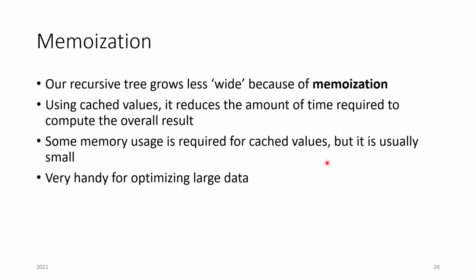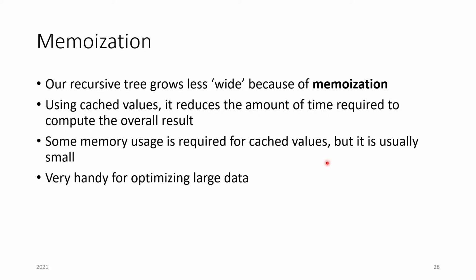So, in observing the recursive tree that we just saw here, memorization visually makes sure that our recursive tree goes less wide. This is because of using the cache values to reduce the amount of time required to compute the overall result, because we no longer have to do any repeated calculations. We just store the results and then report them backward when required. In using memorization, this cache or the storage of values is very small when it comes to memory.